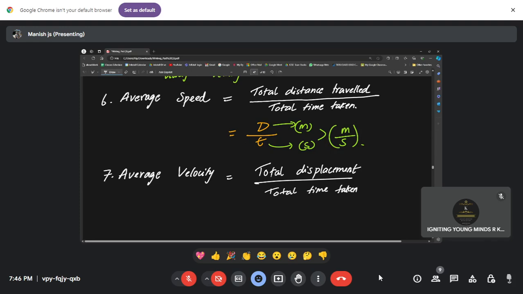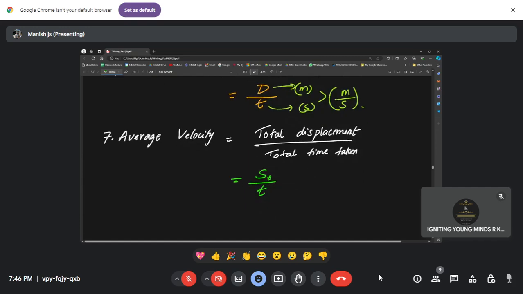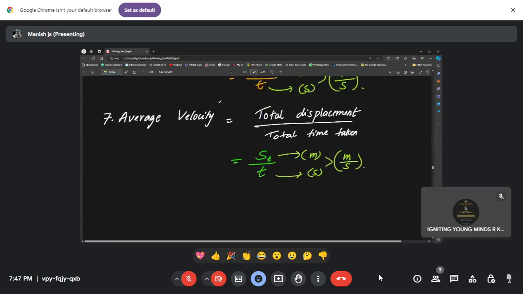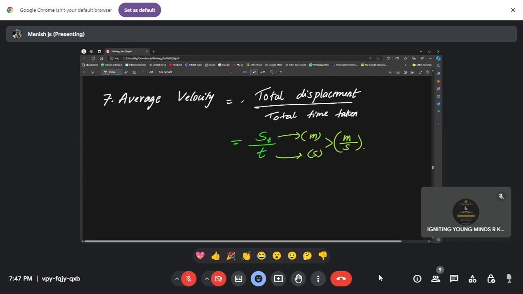That is the formula for average velocity. Expressing it in symbols, total displacement you can write as S, with the suffix T representing total, upon time T. And what about its unit? Displacement is in meters and time is in seconds. You combine both, you will get meters per second, and that's the unit for average velocity.